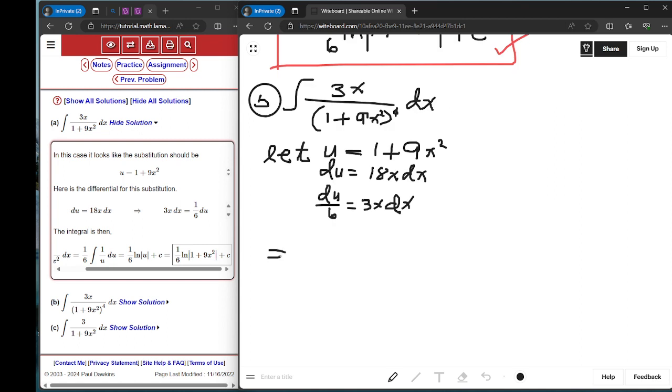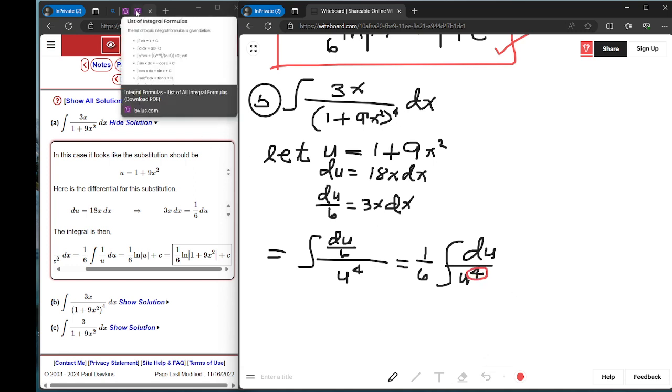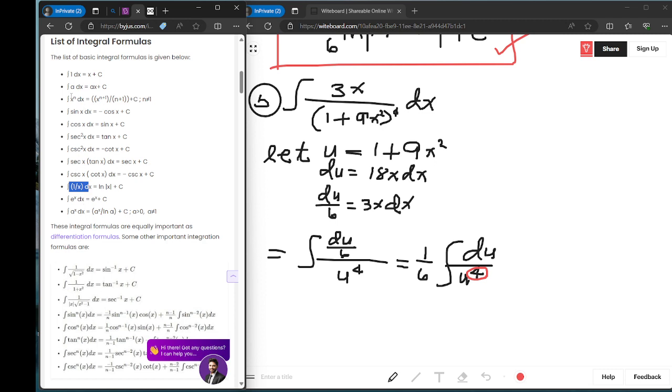Substituting u, we will now have du over 6 over u to the fourth, or 1 over 6 times the integral of du over u to the fourth. Since the exponent is not equal to 1, we can use the formula for the integral of x to the n.